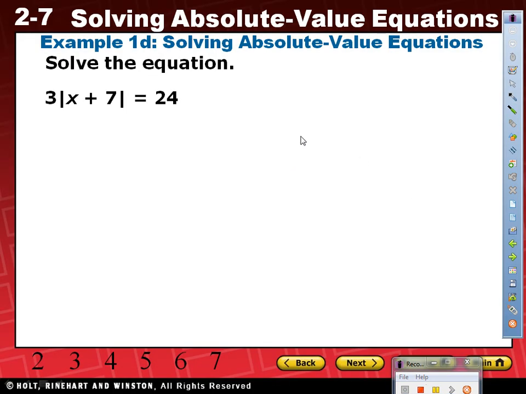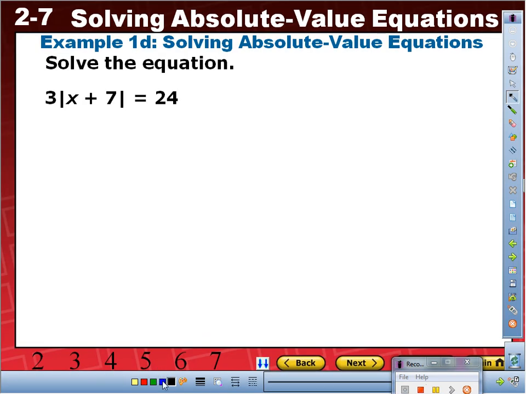Copy this one down. Example 1D. 3 times absolute value x plus 7 equals 24. Let's do this one together. This is going pretty fast. What's right outside the absolute value? What is it doing?